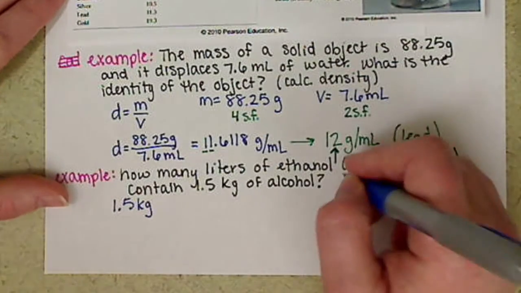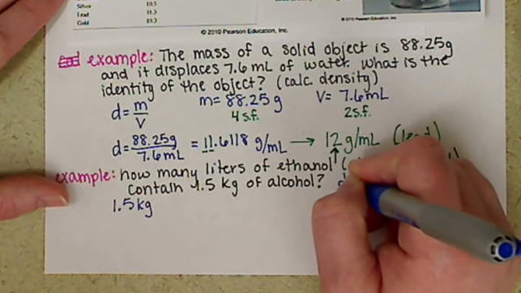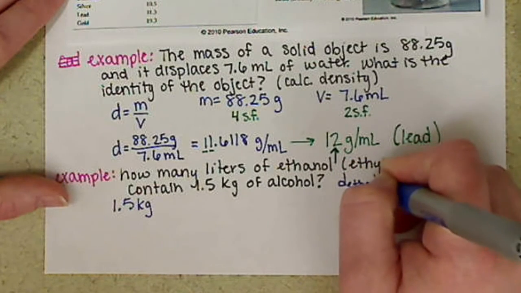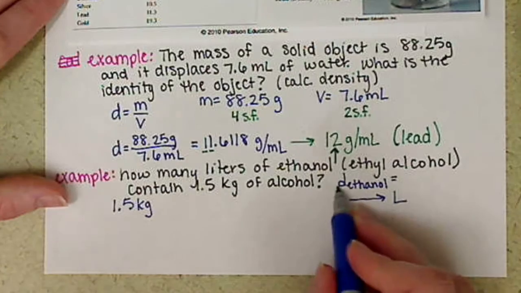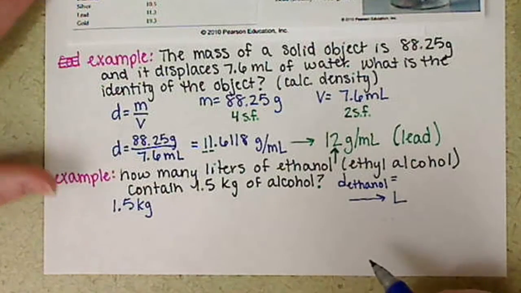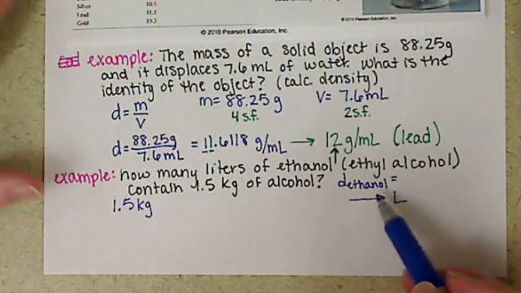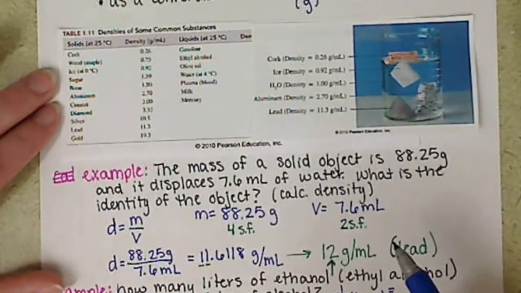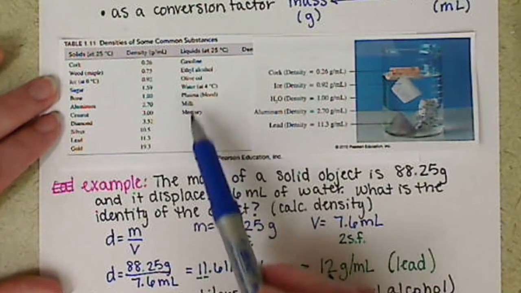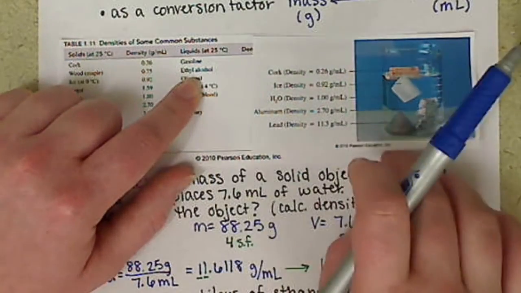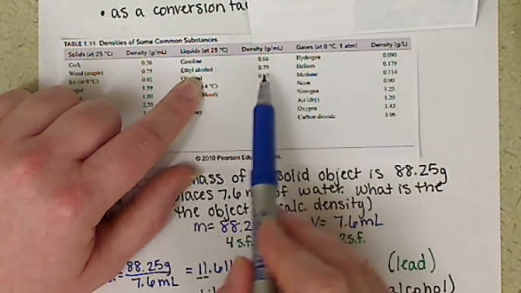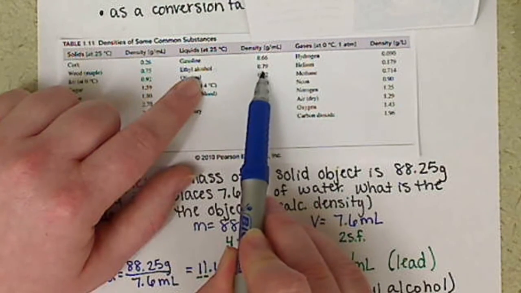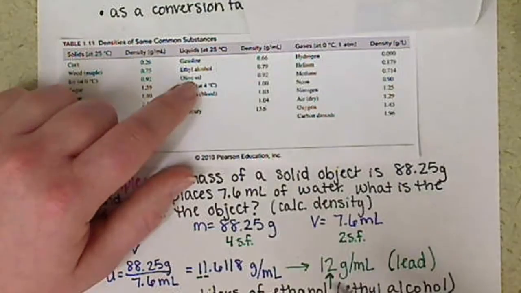So our density of ethanol, I have D, and then I put ethanol as a subscript. We can look up in our table here: we have ethyl alcohol, and it has a density of 0.79 grams per milliliter.